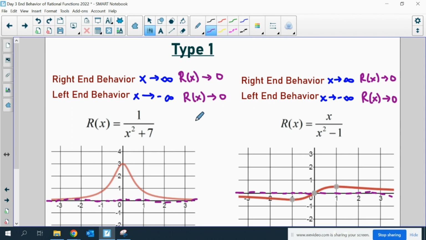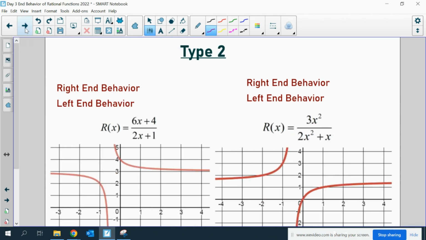So one thing we might want to be aware of is that the power of the denominator of the highest term, so the x squared here, is bigger than the biggest power on the top. Notice that it's bigger than 1 or bigger than x. That's something that we learned last year.